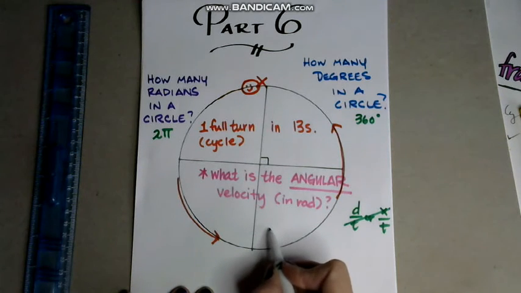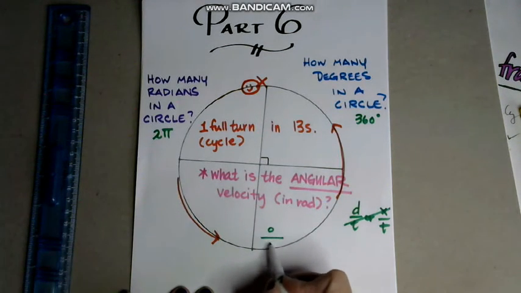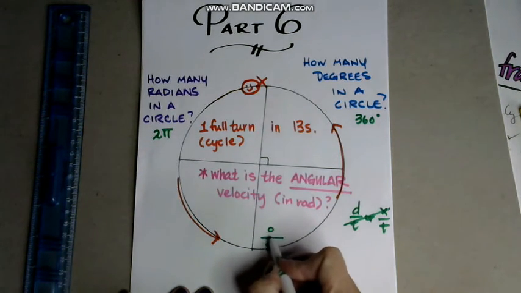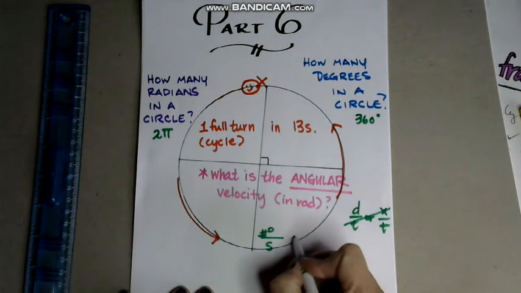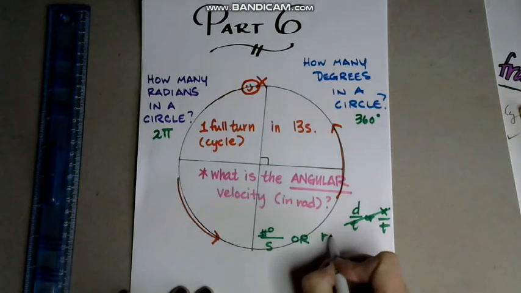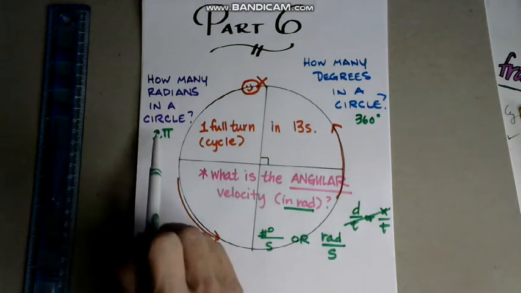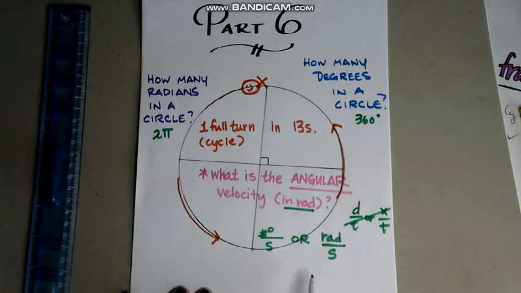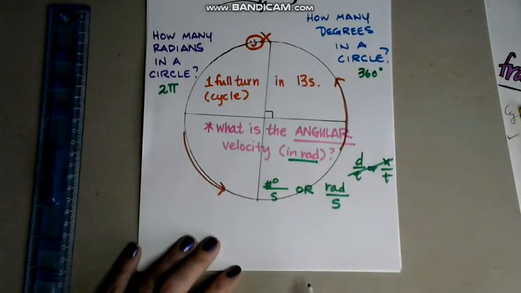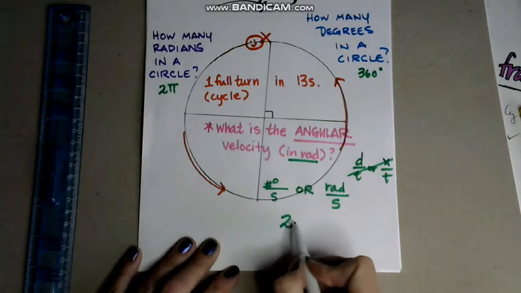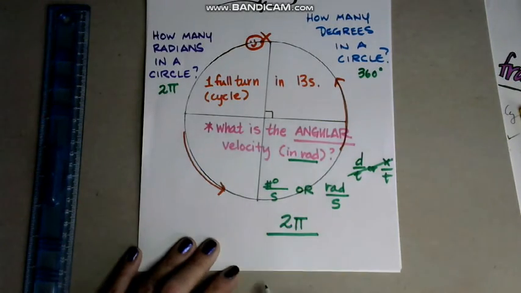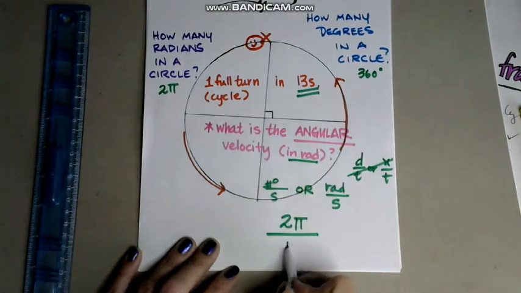So we're going to do degrees per second, or we're doing radians per second. Well, I just asked you in radians. So all you have to do is take your radians, 2 pi, and move that up. So it is 2 pi radians for every 13 seconds.